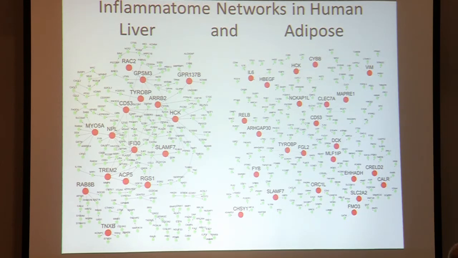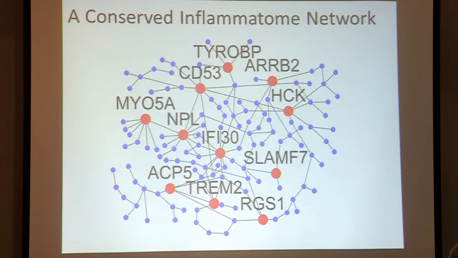Even with two different tissues, you can see a lot of driver genes conserved, like TYROBP, CD53, and even TREM2. Last year when we published a paper, this was a very much conserved inflammatome subnetwork with conserved drivers.